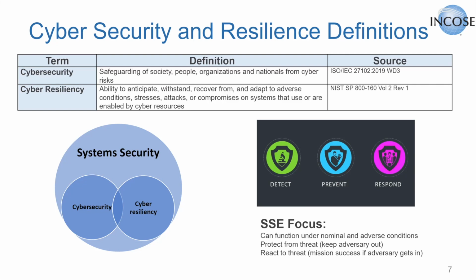So the system security focus is that the system can function under nominal and adverse conditions, and that we need to protect the system from a threat. So we need to keep the adversary out, and we need to be able to react to a threat. So we need to make sure that there's mission success if the adversary gets in. And that definition applies to a system that doesn't have any connections, the old form of system security that we called the guards and gates, as well as cybersecurity.